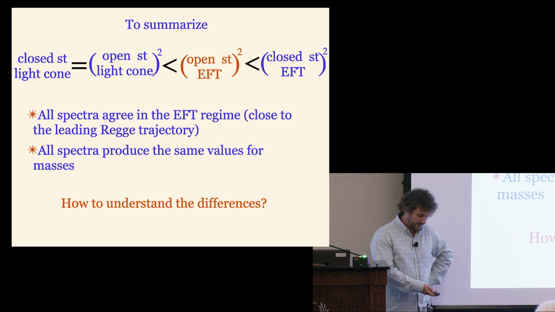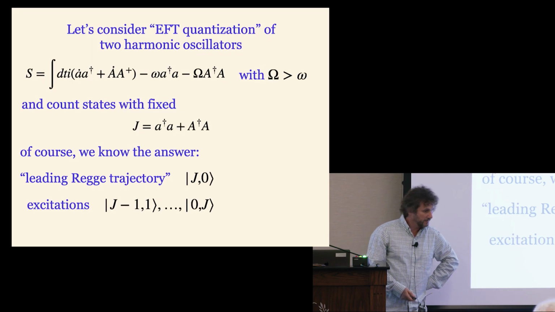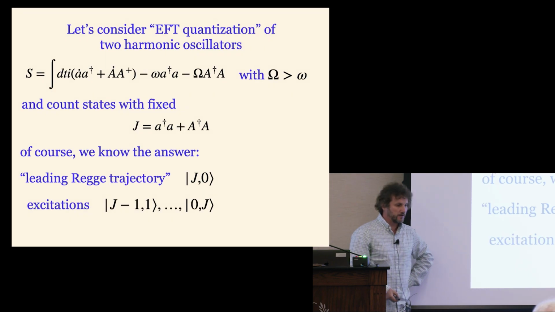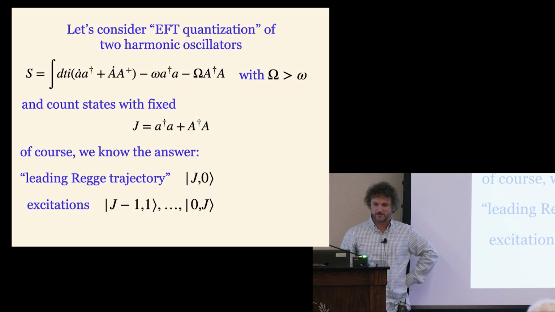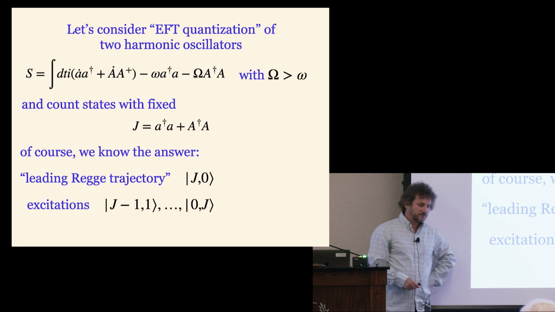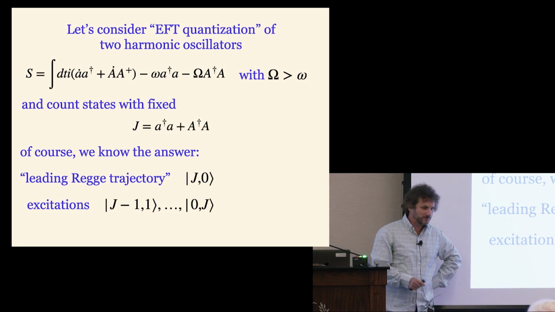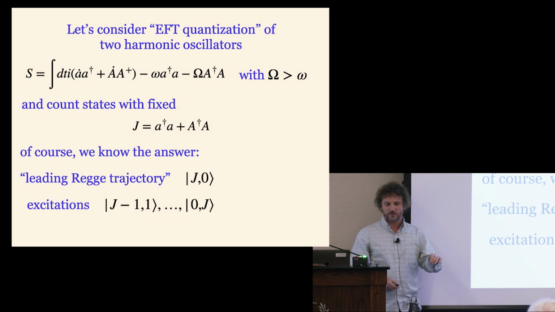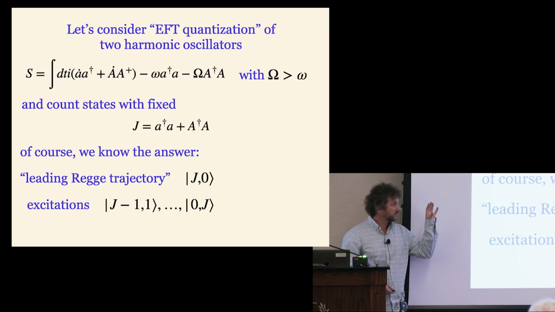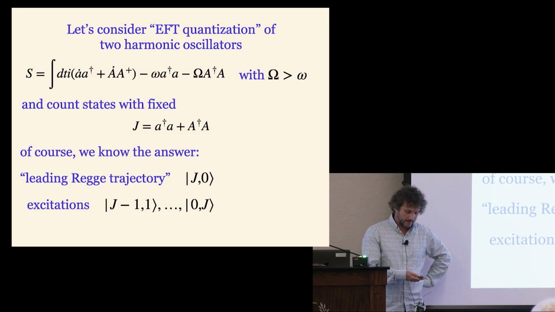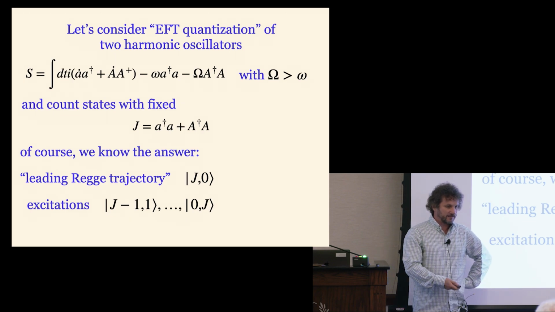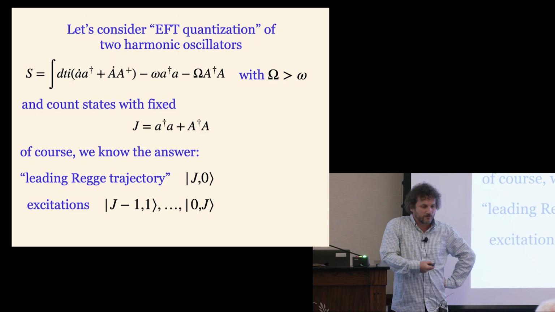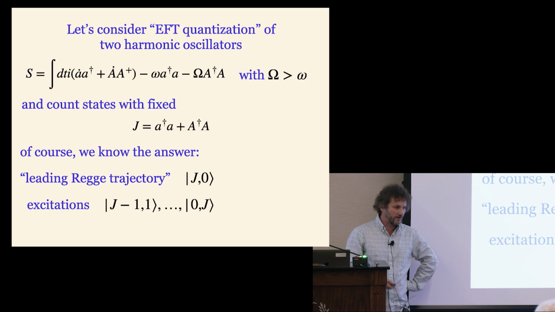Well, what we understood now is that it all boils down to a simple calculation. Actually, one can do it with a single harmonic oscillator, but it's better to talk about two harmonic oscillators because that captures better what happens here. It has a better analogy. Namely, let's consider an analog of this EFT quantization for a system of two harmonic oscillators.